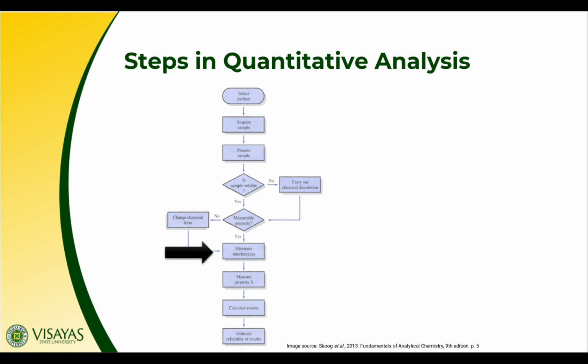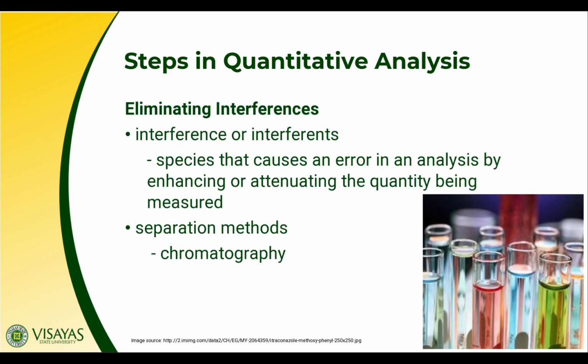Next would be to eliminate interferences. After processing your sample, you need to eliminate possible interferences. When I say interference, these are the species that would most likely cause an error in an analysis by either enhancing or attenuating the quantity being measured. So it could increase or decrease or at most change the quantity being measured.